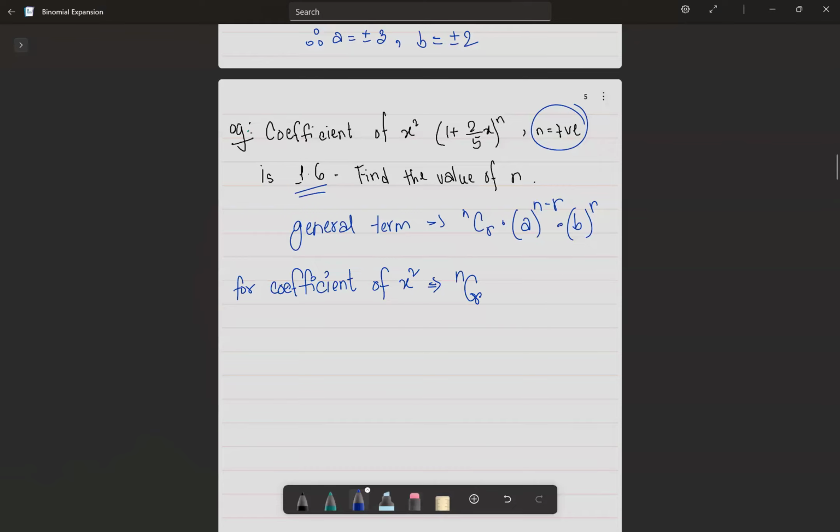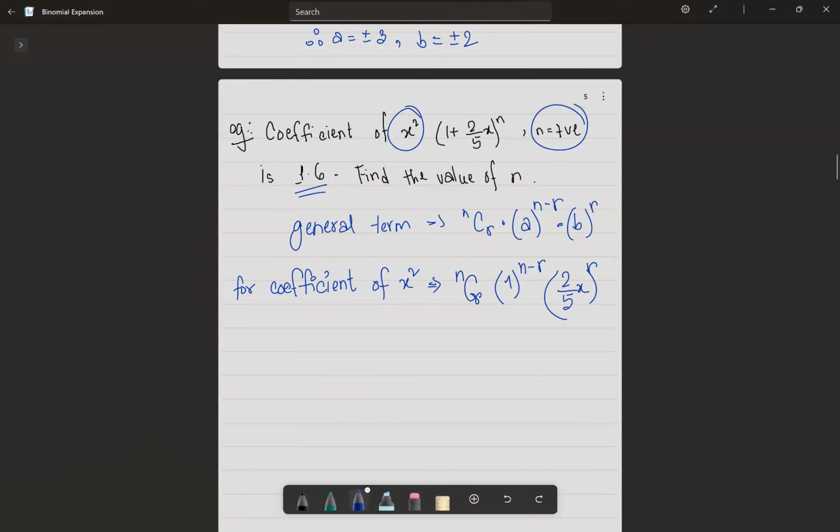Then we have a, the value of a is 1, so we write a to the power n minus r, both of which we do not know for now. And then for b we have 2/5 x to the power r. Now we know that we need x square, right? Coefficient of x square, we need x square.